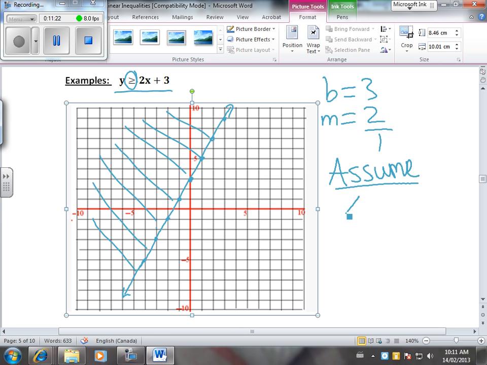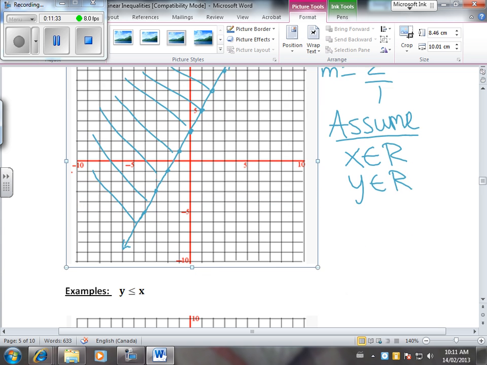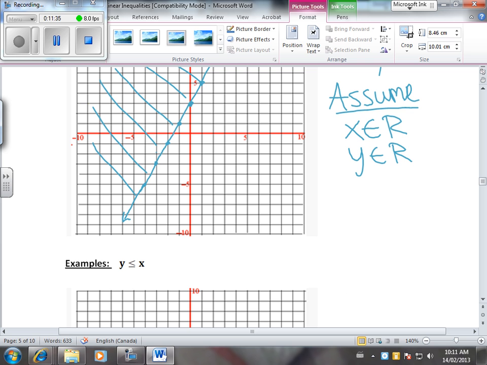We assume that x is all real numbers and y is all real numbers. And the solution set is just our way of saying what is a possible solution for this inequality.